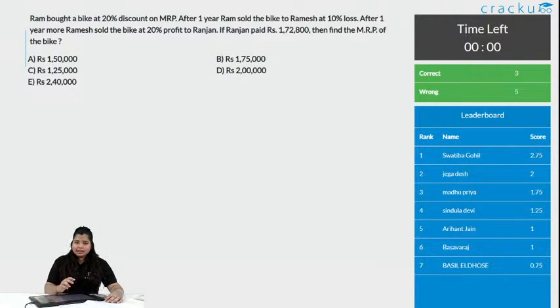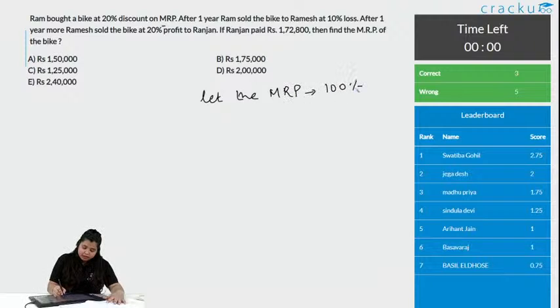Okay, as I said, don't make it complicated, don't take any variables, rather take 100%. So the question is saying Ram bought a bike at 20% discount on MRP. So let the MRP be 100%. So Ram bought the bike at 80% of the MRP. Okay, let's write it.